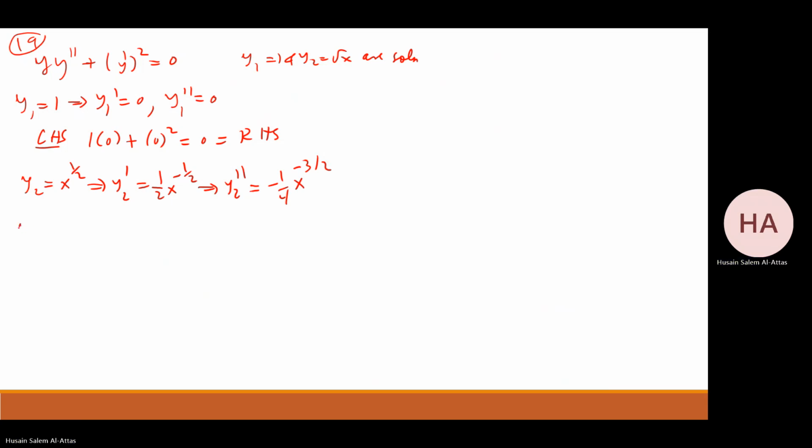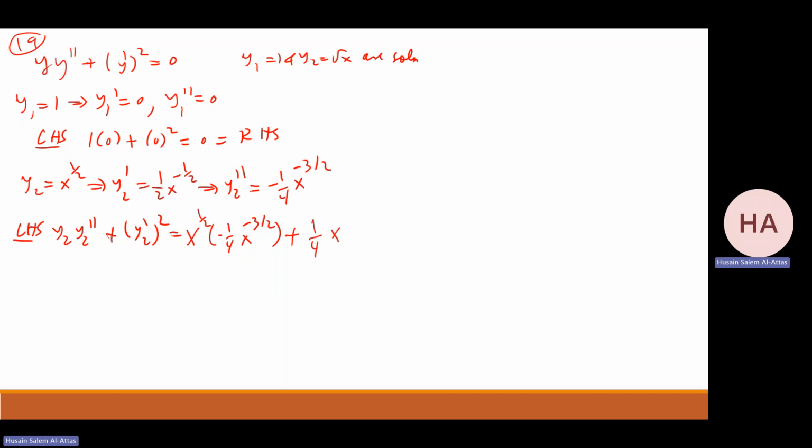Plug it in now. Left hand side, y2 double prime plus y2 prime squared. That equals minus 1 over 4 x to the power minus 3 over 2 plus y2 prime squared, which is plus 1 over 4 x to the power minus 1, since half to the power 2 and the exponent gives minus 1.